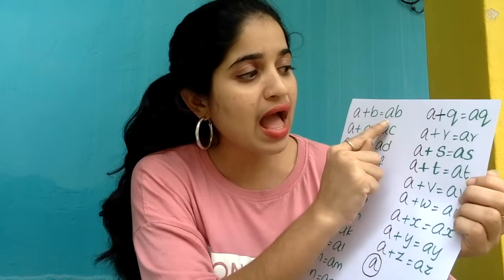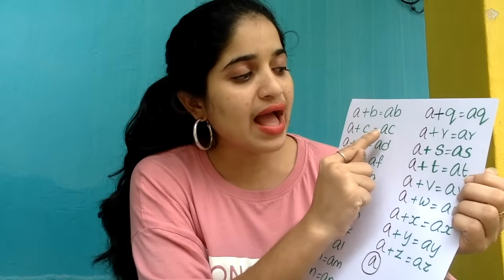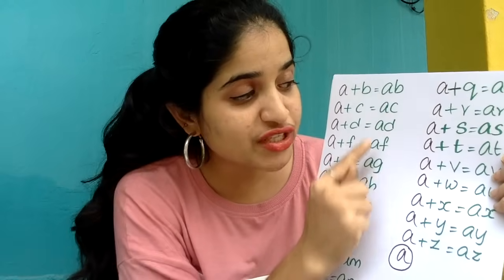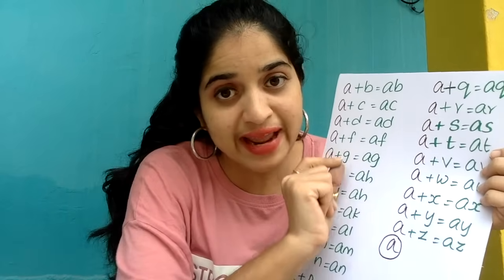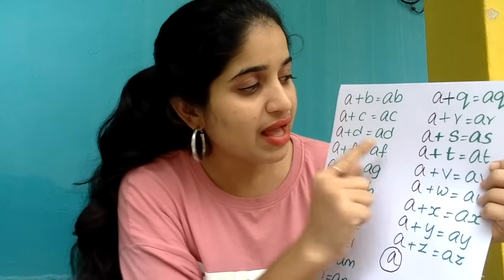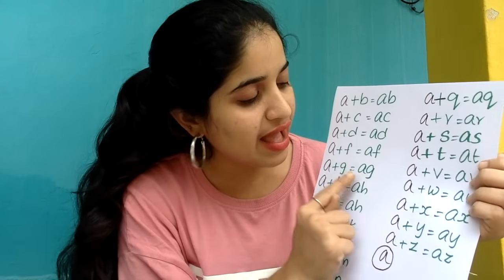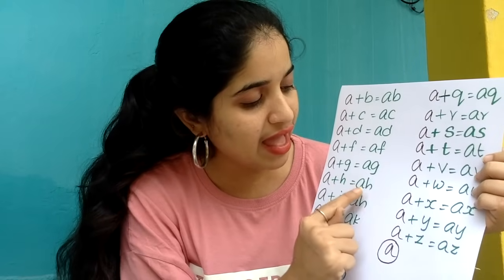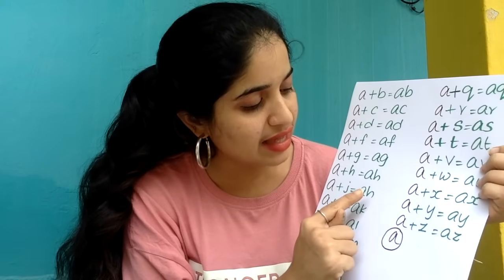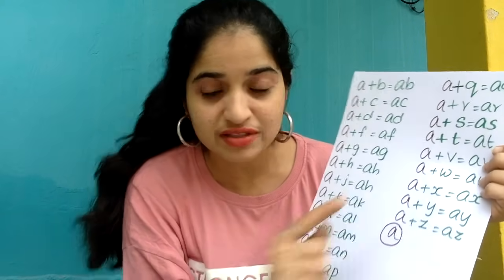So, ab, ac, ad. When you teach them these blends, make sure you are lengthening it and teaching them. Ad, af, ag, ah, aj. Sorry, this has to be j.